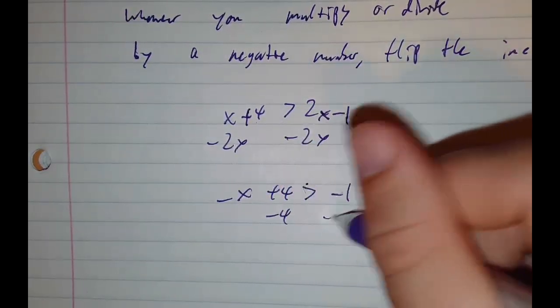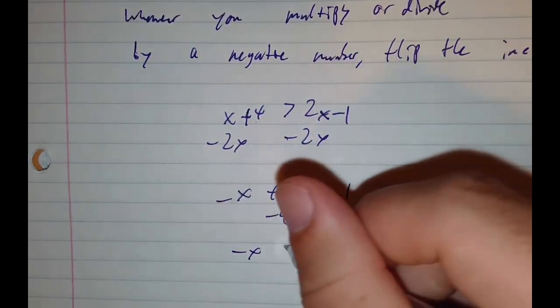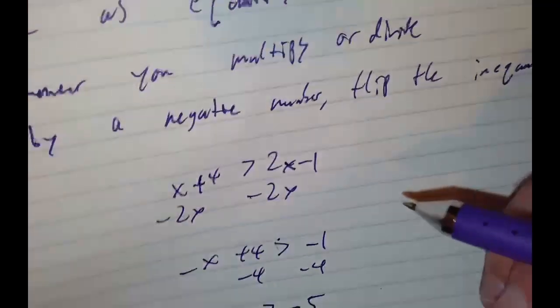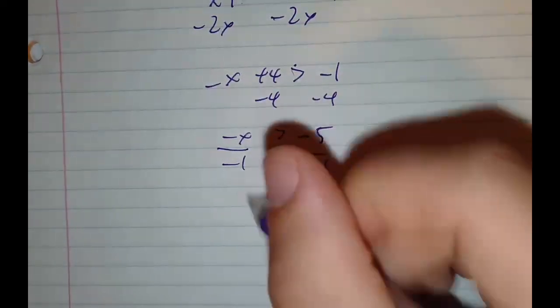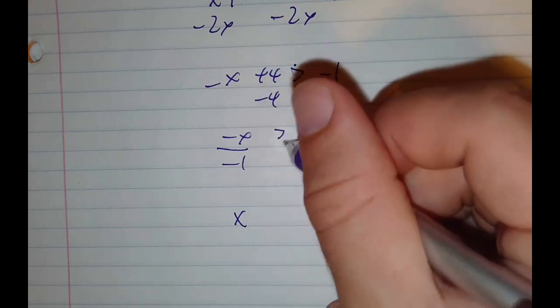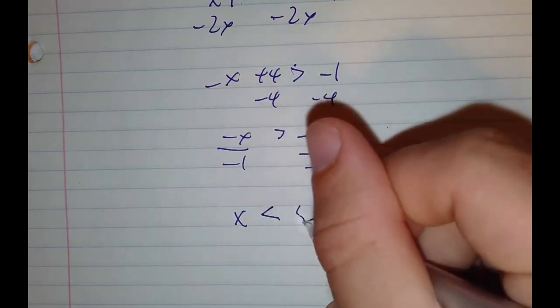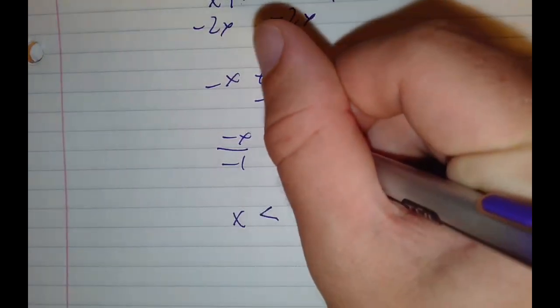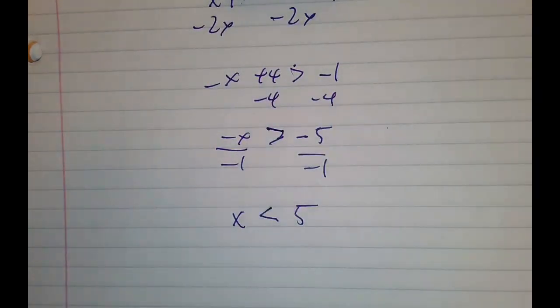And we do minus 4, we're going to have negative x greater than -5. So if you were to solve this and you divided by -1 on both sides right now, you would have to flip the sign. So the sign would change to that. Okay? Because we divided by a negative number. Okay?